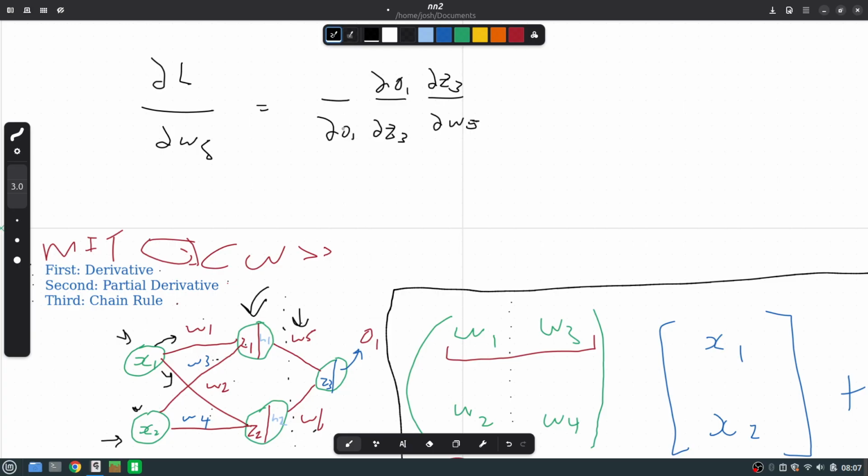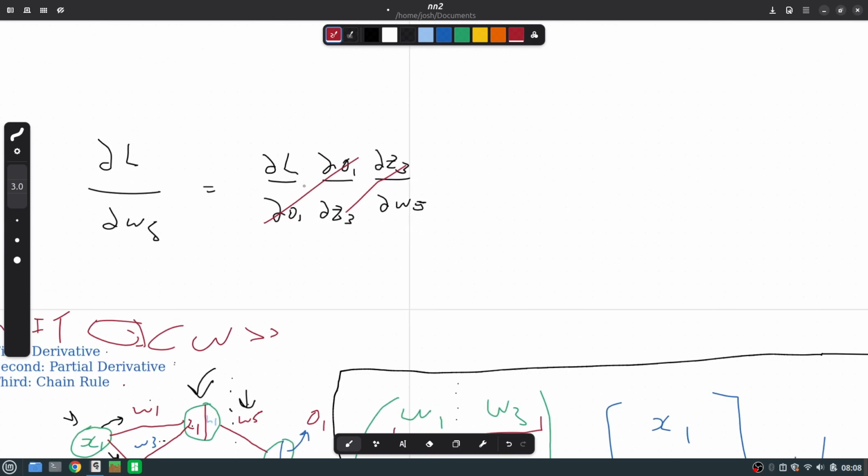Remember, what did we do with the output? We computed mean squared error on it. It's going to affect a small change in the loss. And then we can do some wishy-washy thing that mathematicians hate, and you see we get the partial derivative of the loss with respect to W5. So all you have to do is compute these three intermediate partial derivatives, multiply them, and this is what you're going to get.